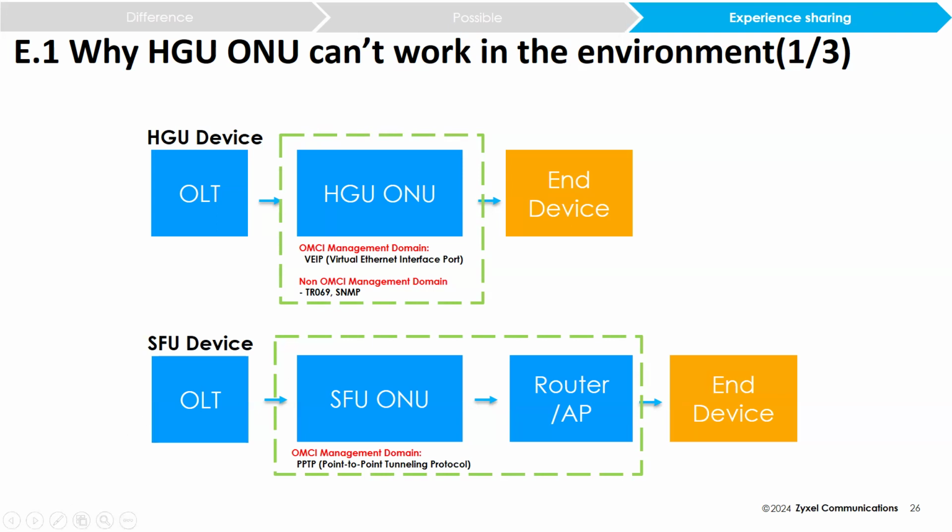So they mostly use HGUs in Central America? We use the HGU ONT, but which market, the US market usually? I have customers in Spain and Europe using the HGU ONT.